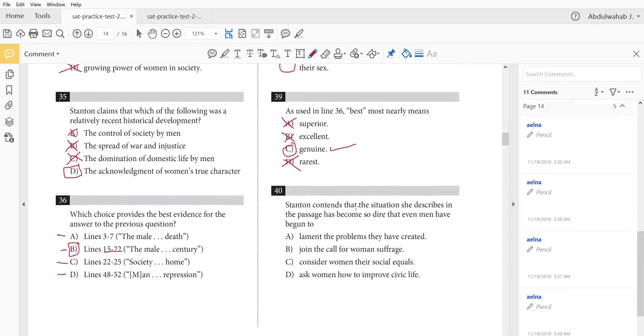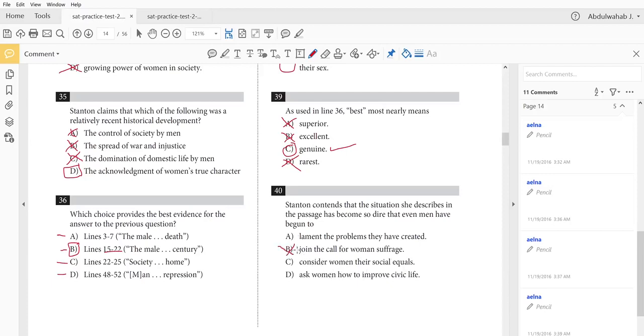Now, Stanton contends, she says, that the situation she describes in the passage has become so dire, so urgent, that even men have begun to lament the problems they have created, join the call for women's suffrage, consider women their social equals, ask women how to improve civic life.